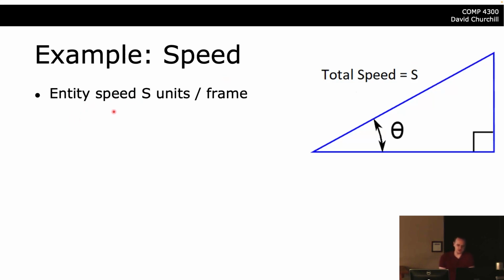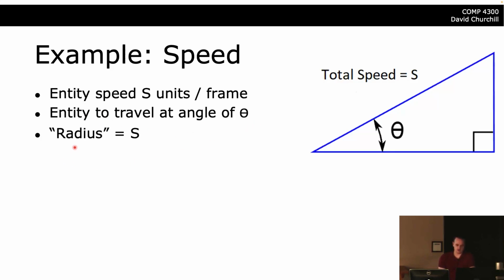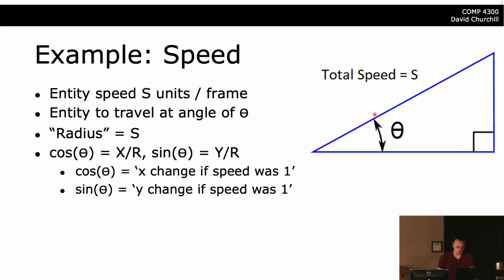So the entity speed is going to be s units per frame. It's going to be traveling at an angle of theta. The radius of the unit circle here is going to be this s, right? If we want to translate this back into the unit circle problem. So cosine of theta is x over r, sine theta is y over r. So if we take the cosine of this angle, that would mean the x change if the speed was 1, right?